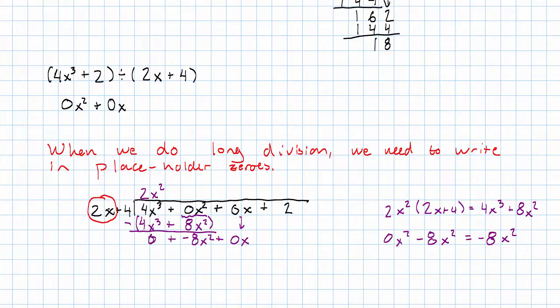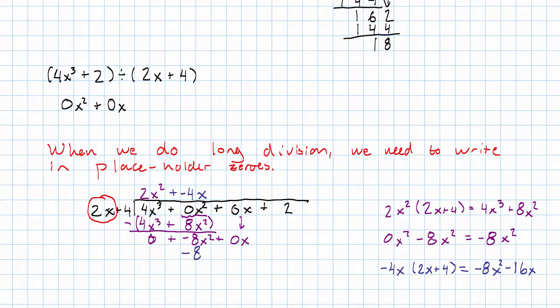Divide, looking only at the first terms. 2x goes into negative 8x squared. Well, negative 8 divided by 2 is negative 4. X squared divided by x is x. We'll have our negative 4x times 2x plus 4 will be negative 8x squared minus 16x.